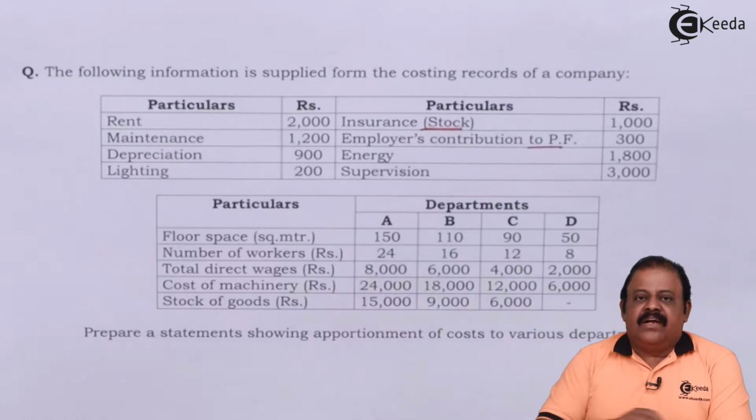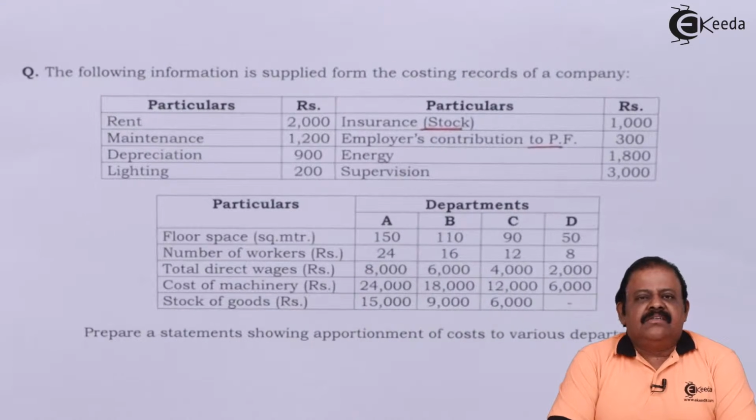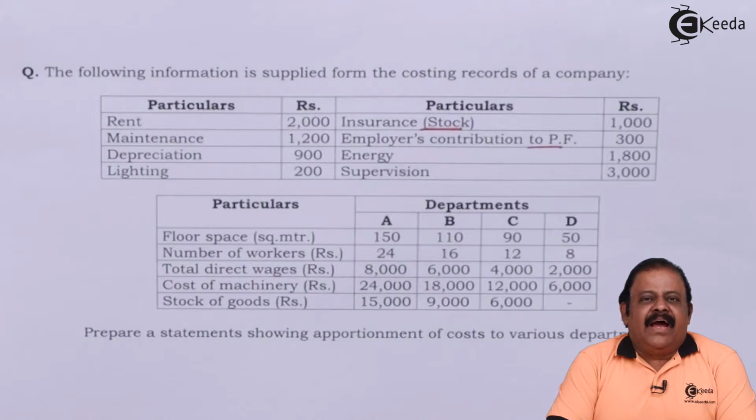to Provident Fund. Now Provident Fund is required to be compulsorily maintained by certain organizations where a fund is created called Provident Fund. Every month from workers' salary, a certain amount is transferred to Provident Fund, and a similar contribution is also made by the employer towards this fund.